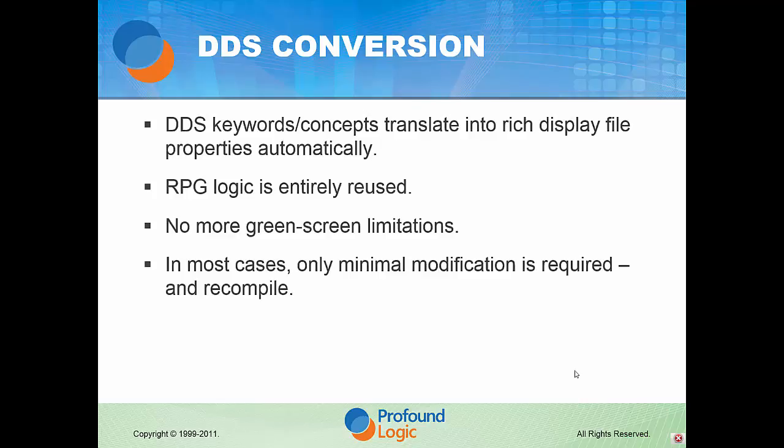So most of the coding, the logic, like validation of input, that might have keywords to control that, are converted to properties. The RPG logic is entirely reused, but no more green screen, none of the limitations that apply, and in most cases, minimal if no modifications are required, and you simply recompile.